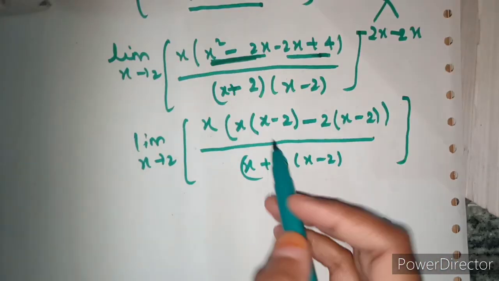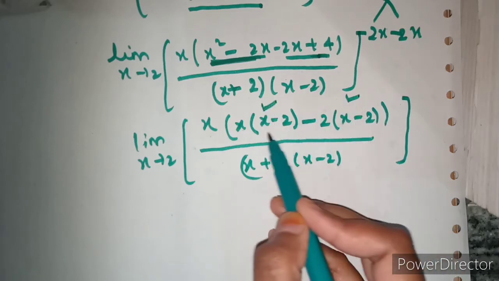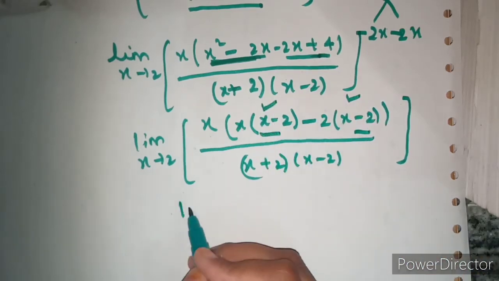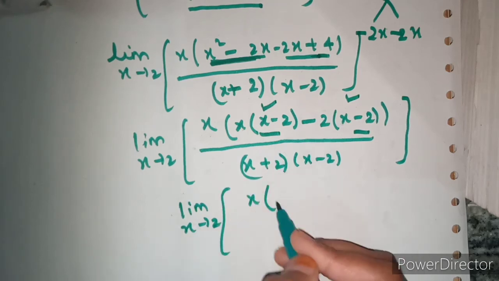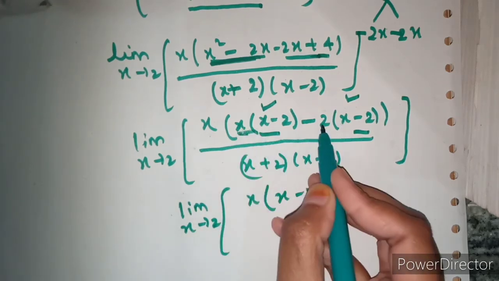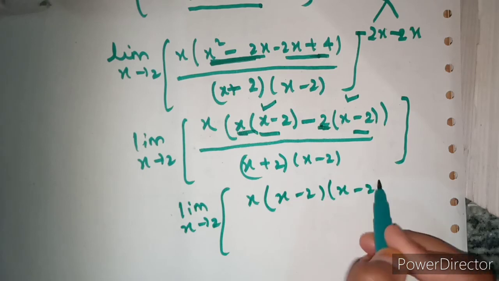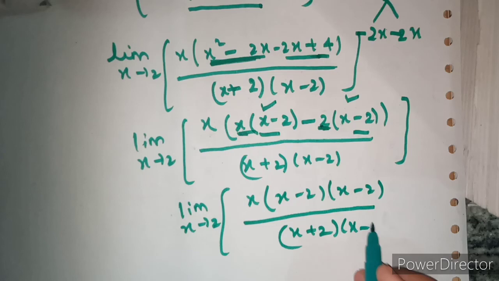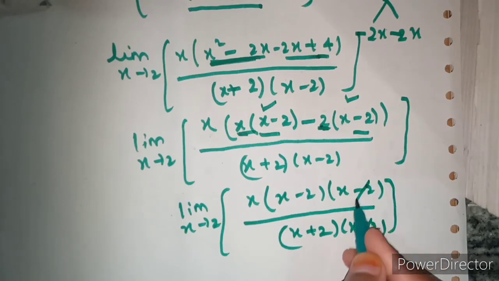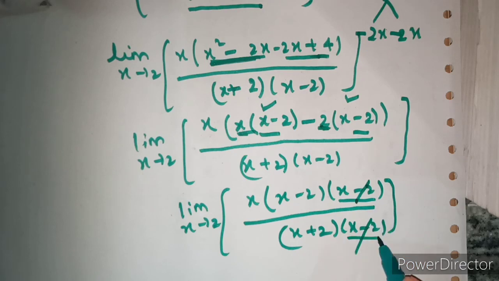Now observe this numerator. In the numerator we have x minus 2 as common. So limit x tends to 2, x as it is, x minus 2 is common, and again group these two. So x minus 2 upon x plus 2, x minus 2 as it is. The x minus 2 gets cancelled. Observe this, because of these two factors only we are getting 0 by 0 form.